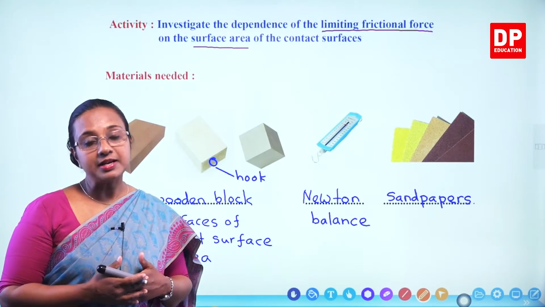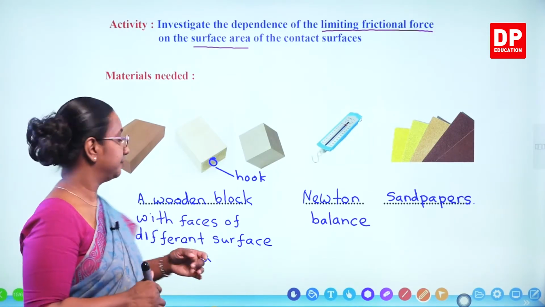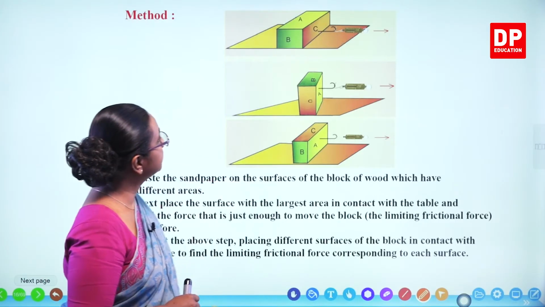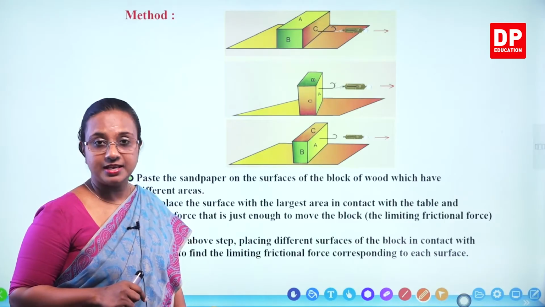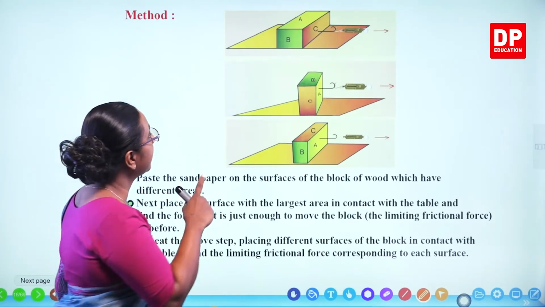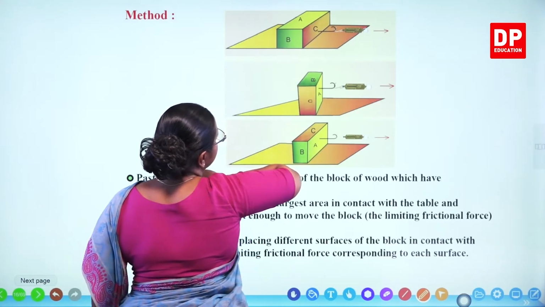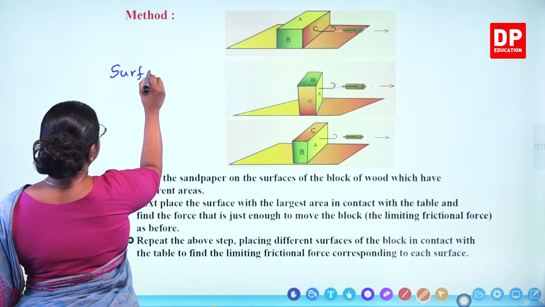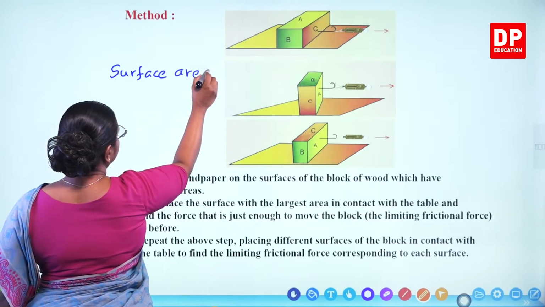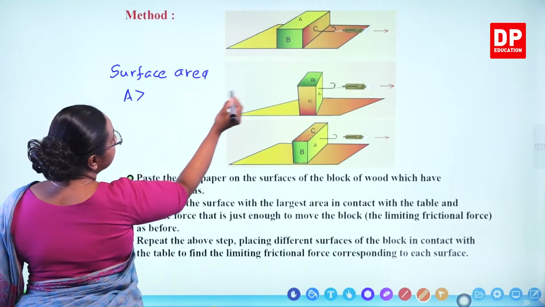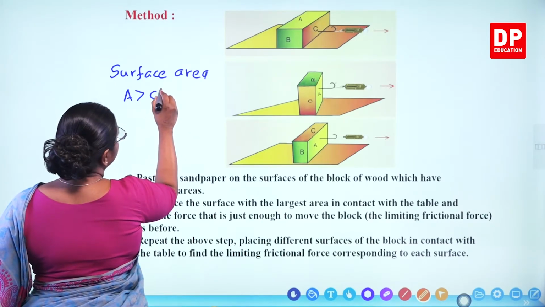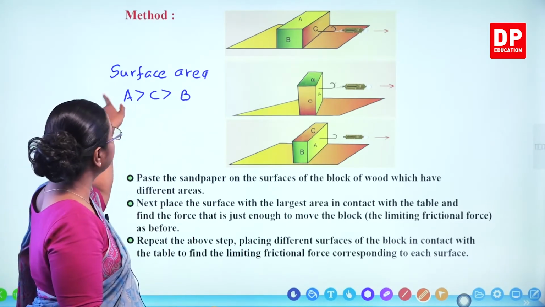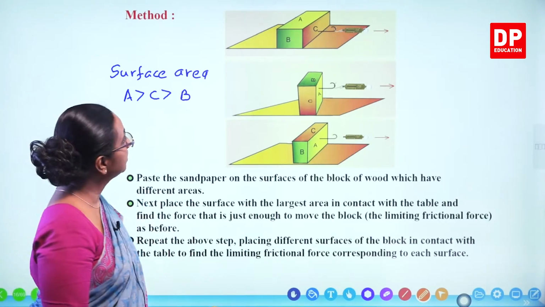Now let me summarize the procedure once again. As you can see in this diagram, the different surface areas of the different faces are labeled as A, B and C. You can see the surface area A is greater than C and that is greater than B. B has the smallest surface area and A has the highest surface area.